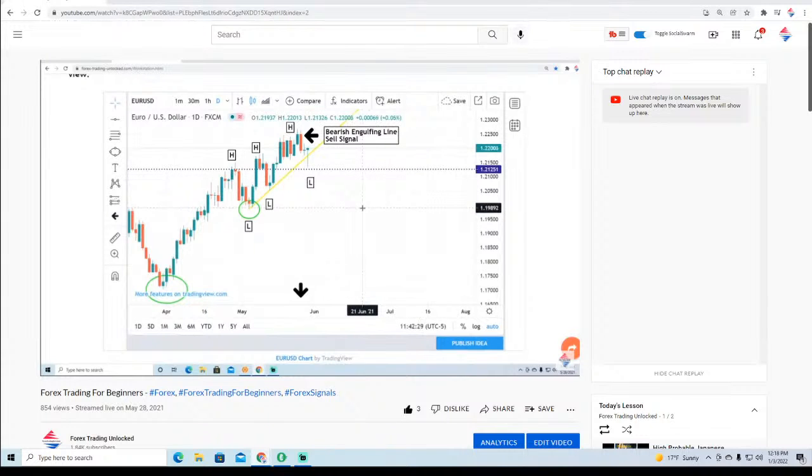Markets tend to, when they sell off and correct, a lot of times gravitate towards the 50% area. This did not touch it, but let's see what the low is. The low is $1.2132, and so it's only 7 pips off. When it comes to markets, you're not always going to hit your target to the point. Sometimes it's going to go through it, sometimes it's going to fall just shy of it.